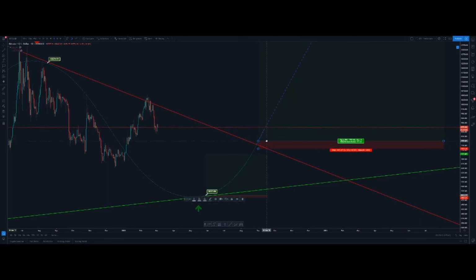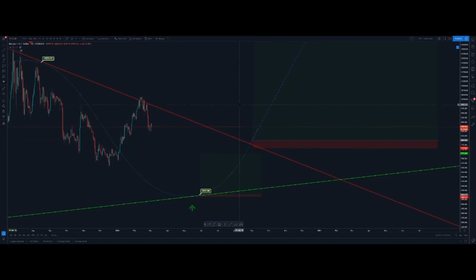I would say 8,000 US dollar is a beautiful psychological number, and I would set my stop loss actually somewhere here.